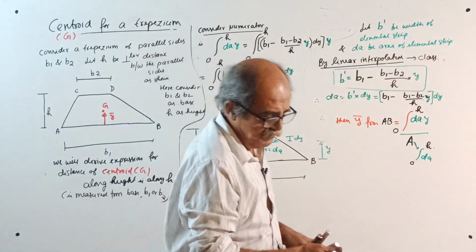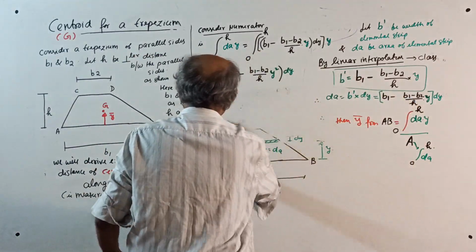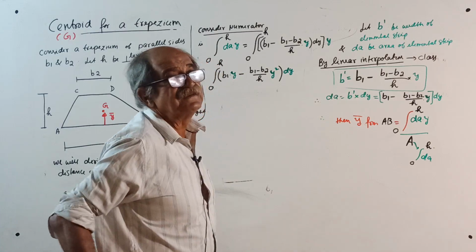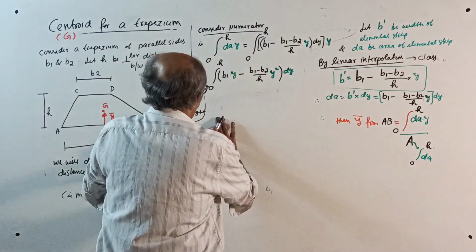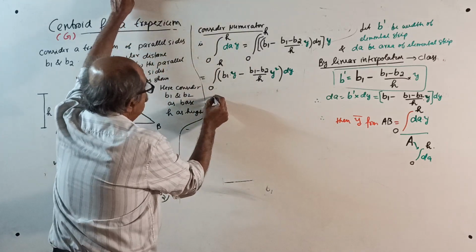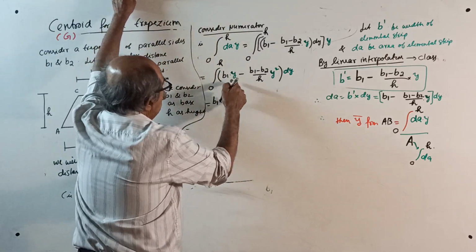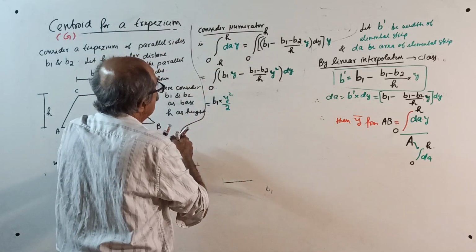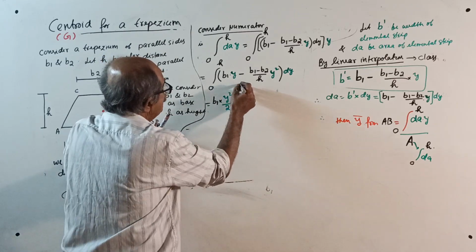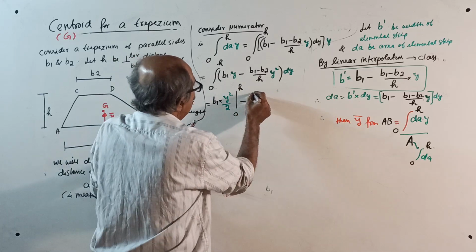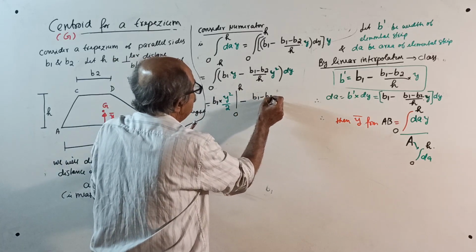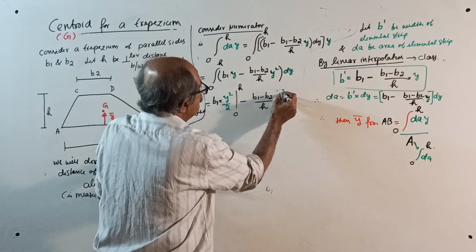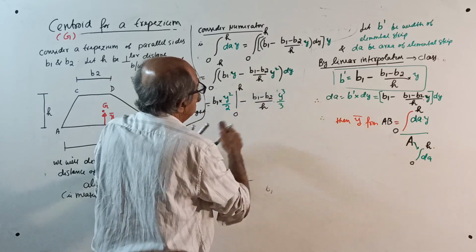Okay, I will go for integration now. Very simple integration. This is not as complicated as your last time class. Or equal to b1 times y becomes y square by 2, 0 to h, minus b1 minus b2 by h into y square becomes y cube by 3, again 0 to h.